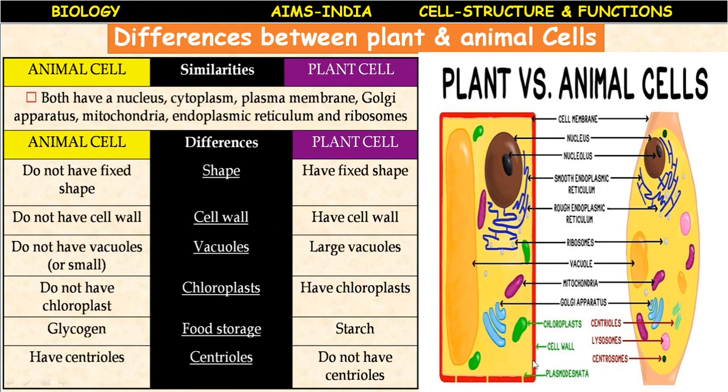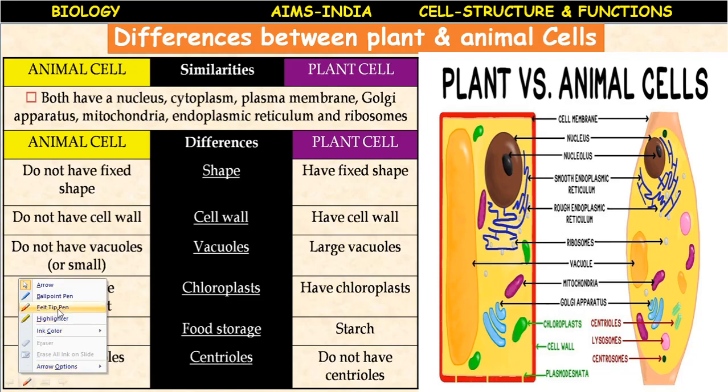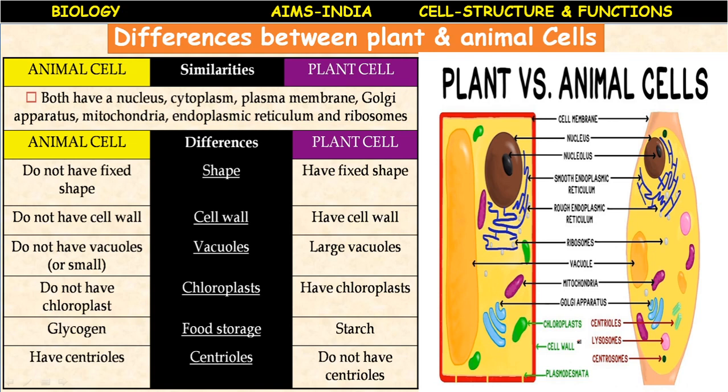This cell wall is present in plant cells, it is absent in animal cells. In the plant cell the cell wall is present, but in animal cells the cell wall is absent.